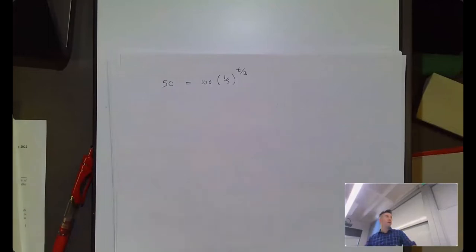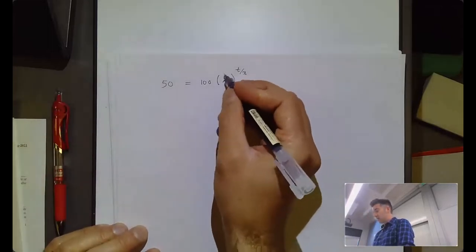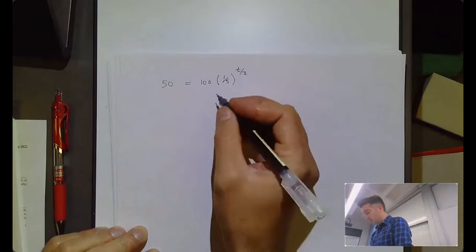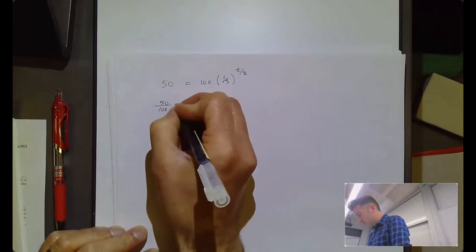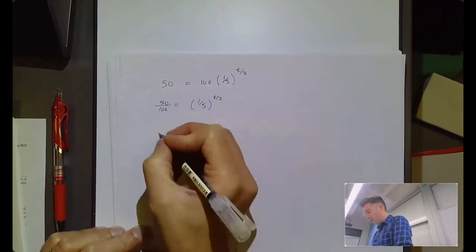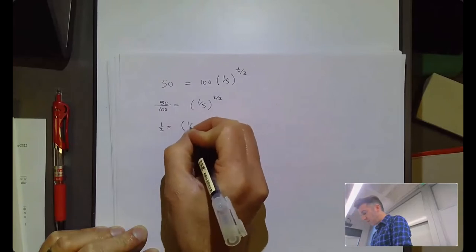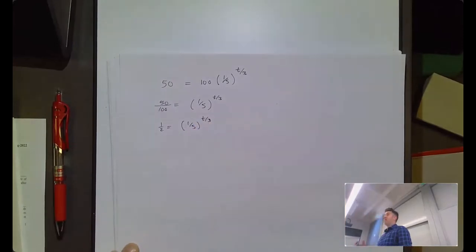We still are trying to solve for t, so we're still going to first isolate the thing that's being raised to an exponent. So I still need to divide both sides by 100. And so then I have 1/2 equal to 1/5 to the t over 3. And then to get that variable out of the exponent, what do I need to do to both sides of this equation?